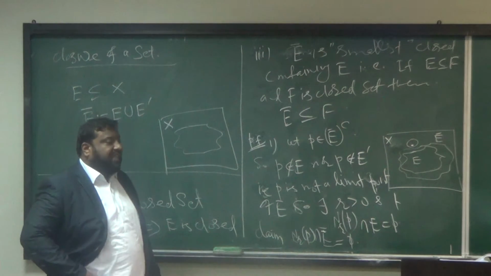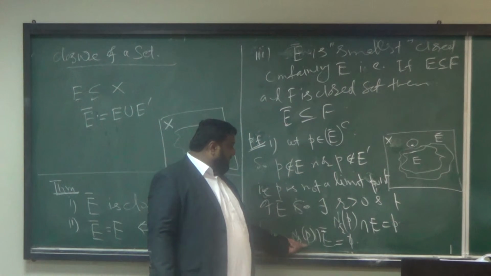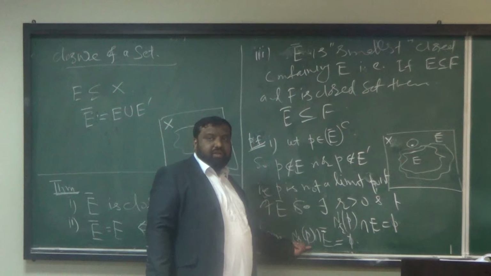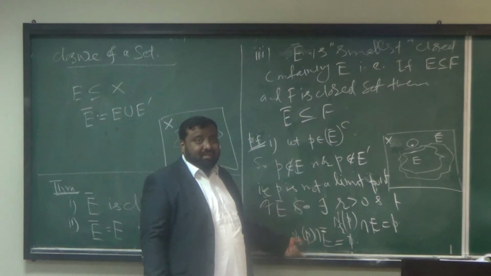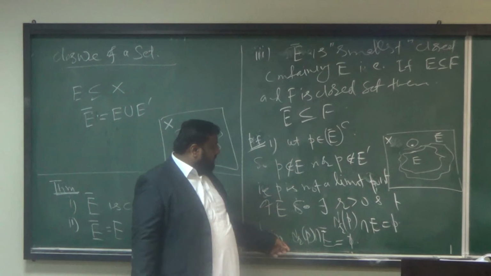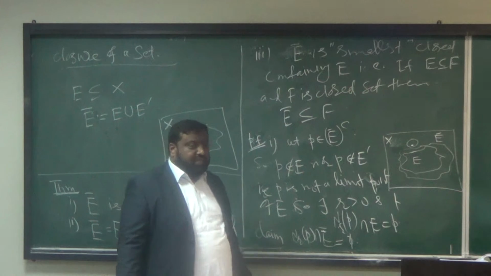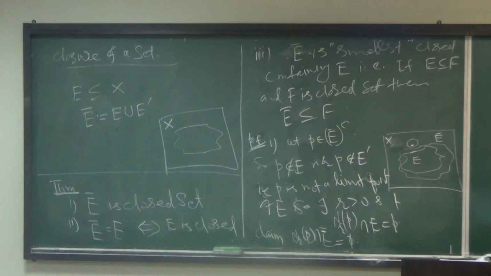Because if this happens, it means that this is a subset of E closure complement, and that's what we want. So how should we proceed and prove this part?